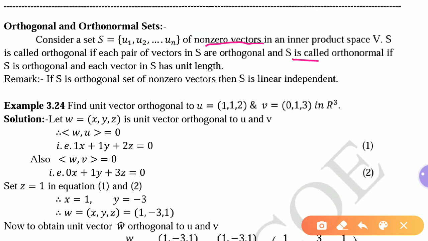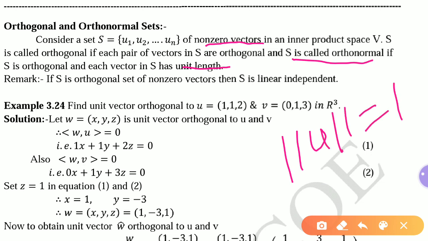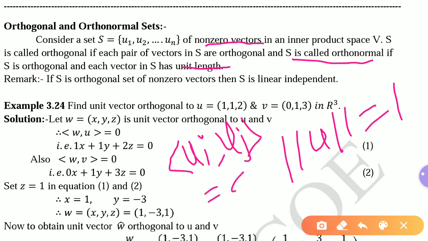And S is called orthonormal if the set S is orthogonal and each vector has unit length, that is, the norm of every vector is equal to 1. Length of a vector means norm of the vector. So the inner product of ui with uj for i not equal to j will be equal to 0, and the norm of ui for every i will be equal to 1.